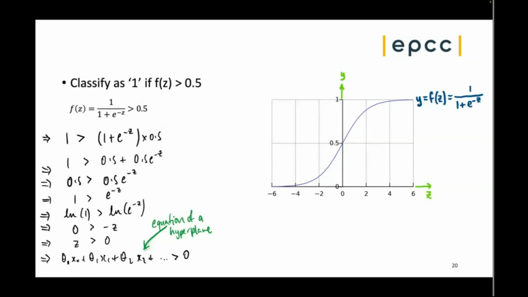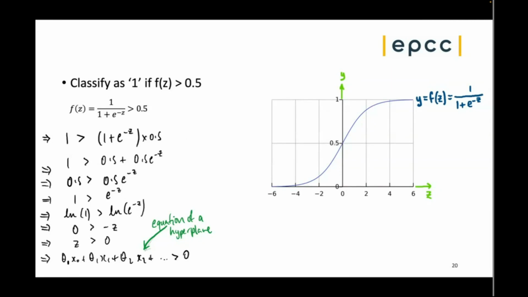And then we're going to classify as 1, as true in this binary classification, or passing the exam, if this function f of z is greater than 0.5. So what does that actually mean in terms of the parameters? Well, this is just going through step by step, writing it out and rearranging the formula.